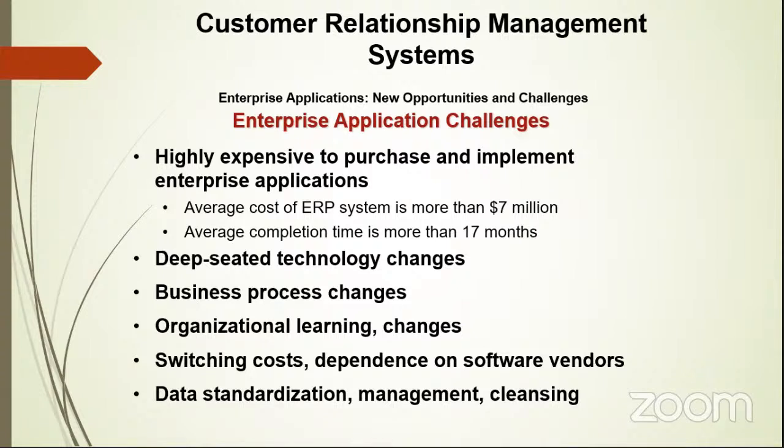Typically, the people in the organization need to learn a lot, and the people who are not open to change resist that. Not just old people, there tends to be a lot of resistance, and then there are switching costs. Because if you have different software vendors, there need to be changes in the types of data, rolling over one type of data to another. And then there are issues with data standardization, management, and cleansing. Next slide.